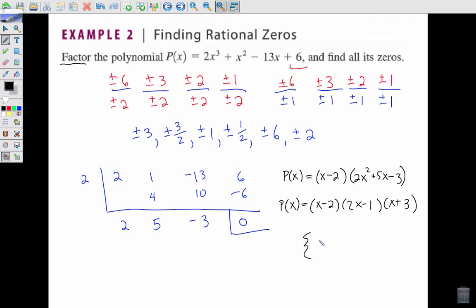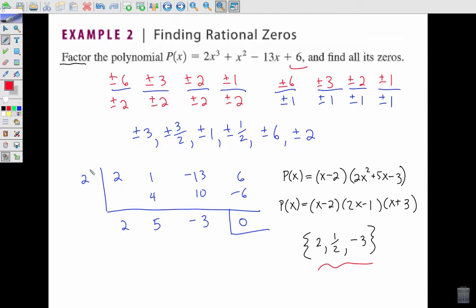So there it is, completely factored, and my zeros are going to be 2 from this one, 1/2, and negative 3. And if you notice, all of the zeros that we found are from this list right here that we made using the rational zero theorem.